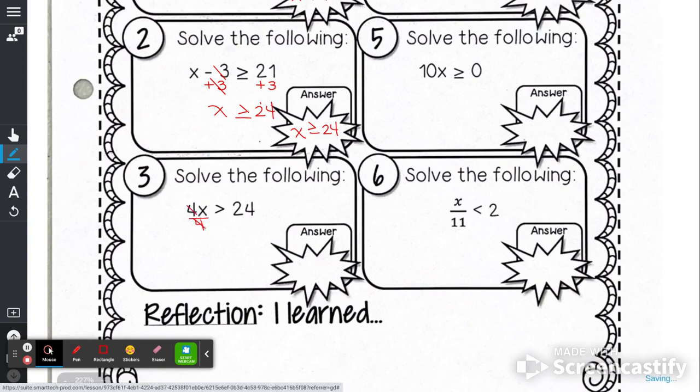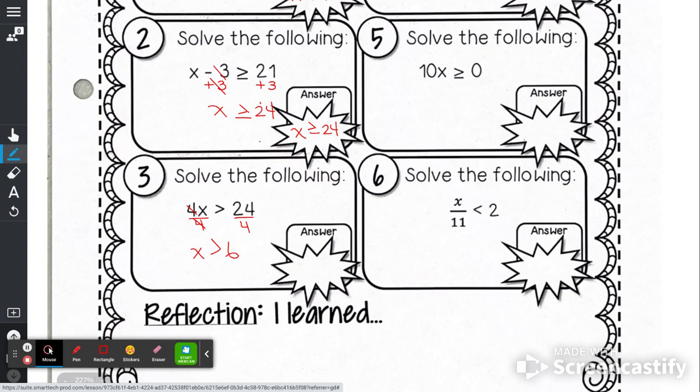Okay, and then what you do on the other side, 4 divided by 4, perfect. Drop down the x, and then 24 divided by 4 is 6. Exactly. Thumbs up or thumbs down? Did everybody get that x is greater than 6?